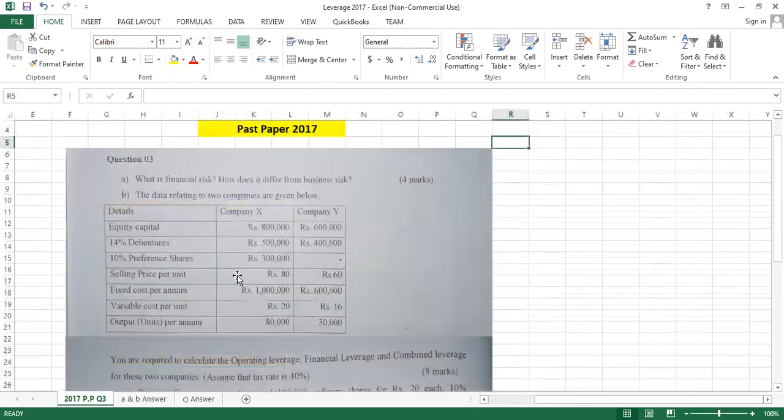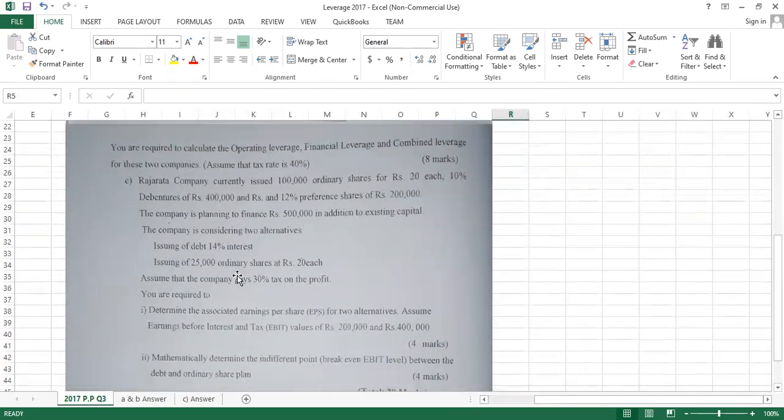Then we will discuss the C part. They ask: Rajarata company currently has issued 100,000 ordinary shares at rupees 20 each, 10% debentures for rupees 400,000 and 12% preference shares for rupees 200,000. The company is planning to finance rupees 500,000 in addition to existing capital.